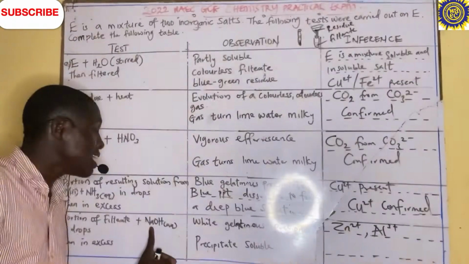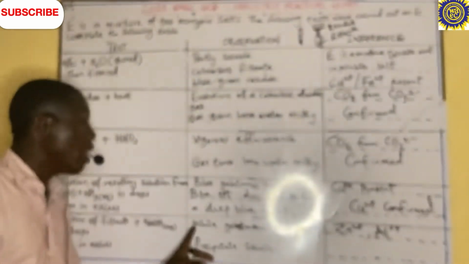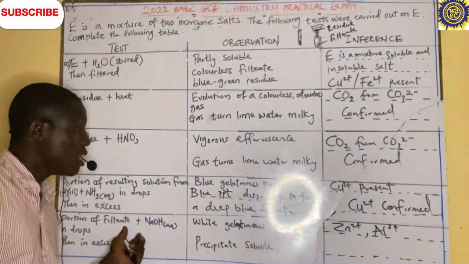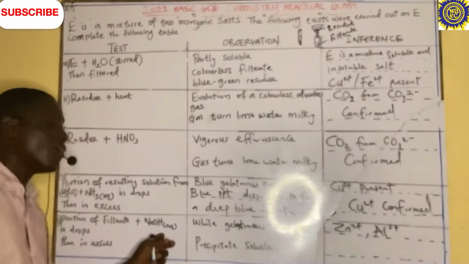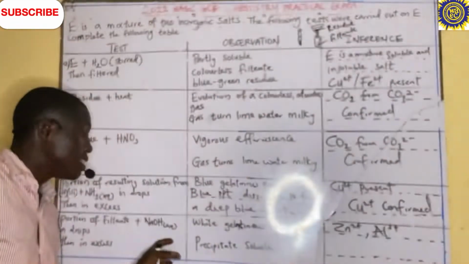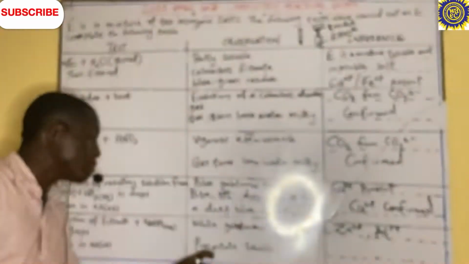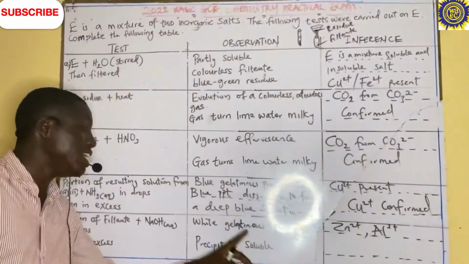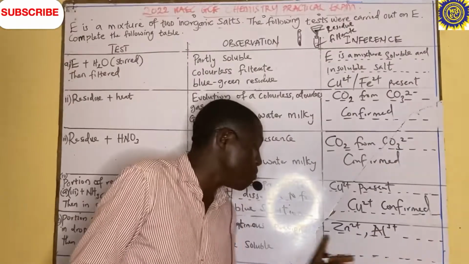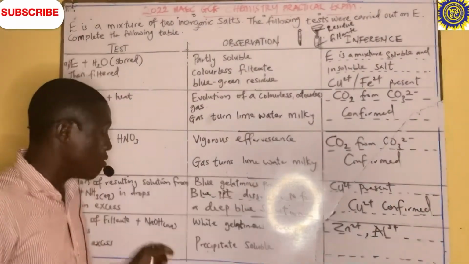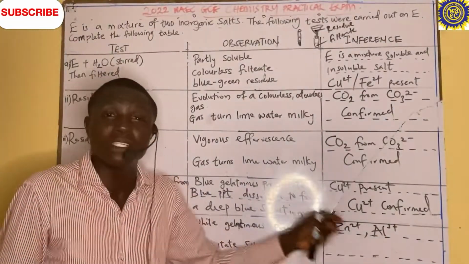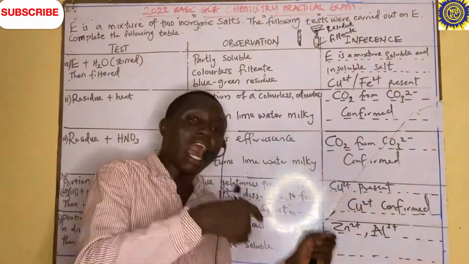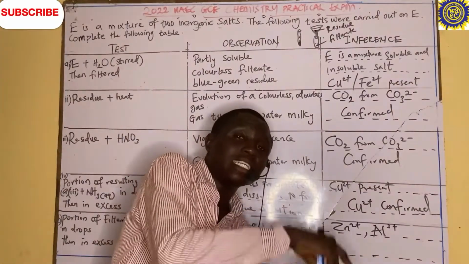So then in excess sodium hydroxide. Now when you add sodium hydroxide to a filtrate and you have white gelatinous precipitate and you now add sodium hydroxide in excess, then the precipitate dissolves. What are the likely cations that can be found in this solution when they dissolve in sodium hydroxide? These two cations, zinc 2 plus and aluminum 3 plus, are soluble in sodium hydroxide.